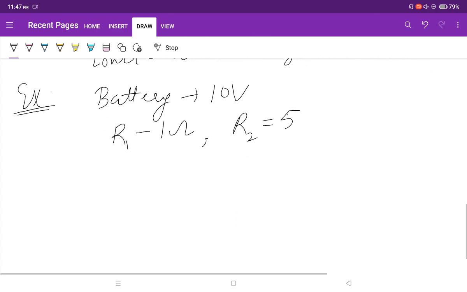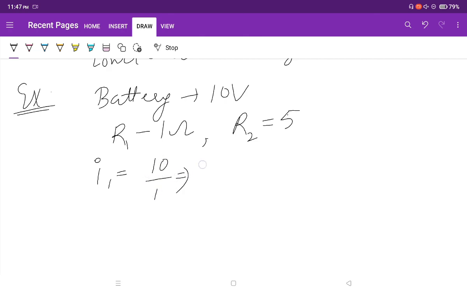The current in R1 will be V over R, 10 over 1, which is 10 amperes, and the current I2 in R2 will be 10 over 5, which is 2 amperes.